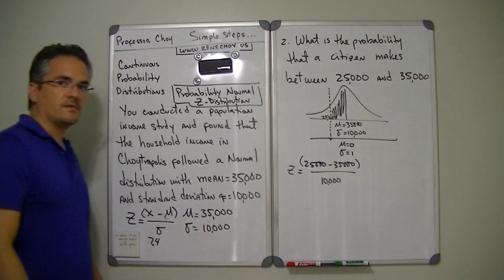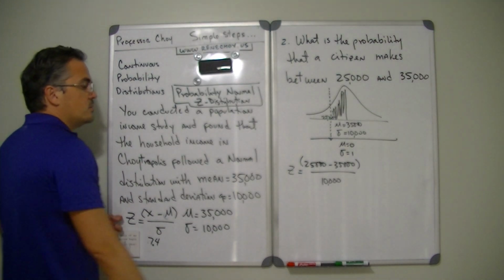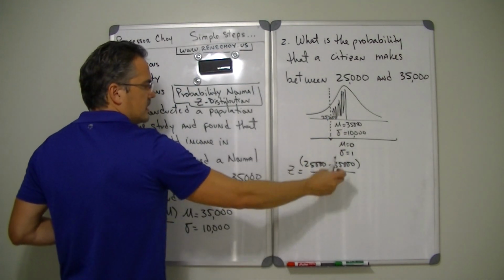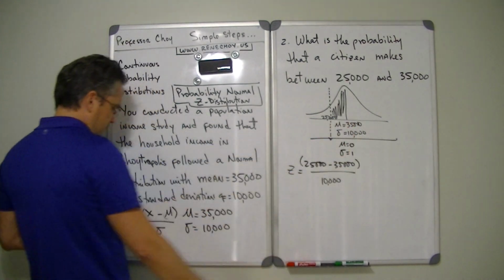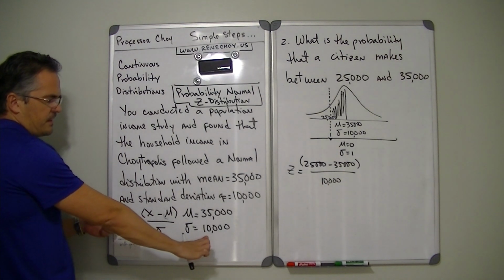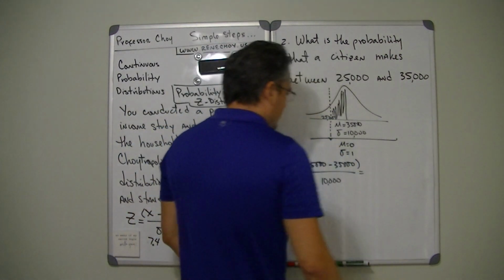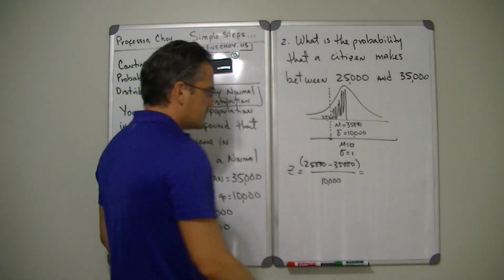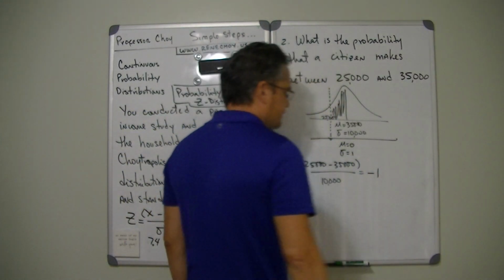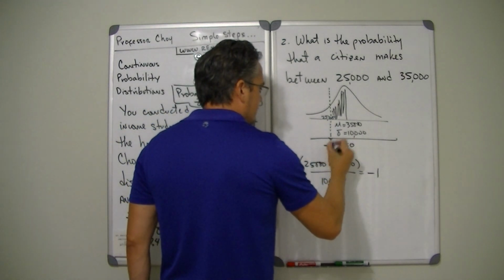And again, I'm using this formula here to find my z. So I'm going to do x, which is 25,000, minus 35,000, which is my mu, divide by sigma. Sigma is 10,000. Okay? So this is going to give me -1. All right? So my value here is -1.